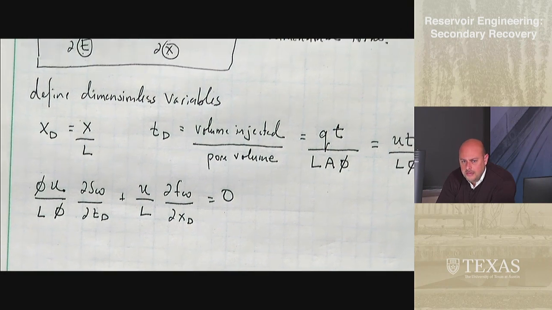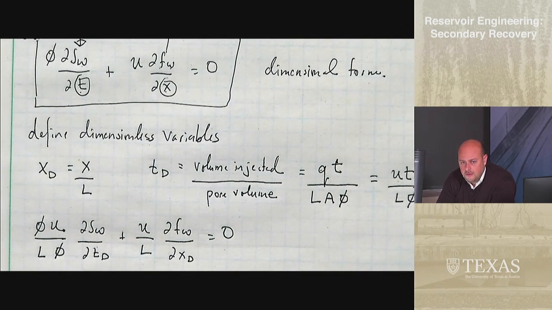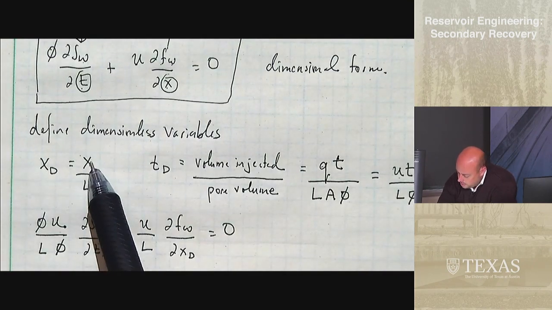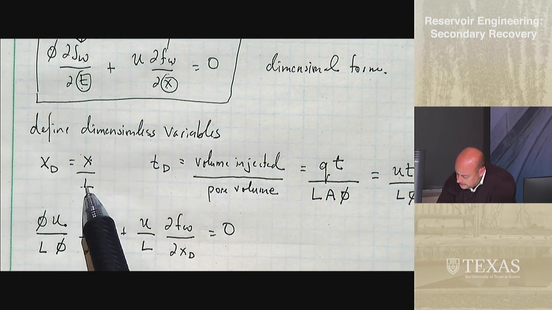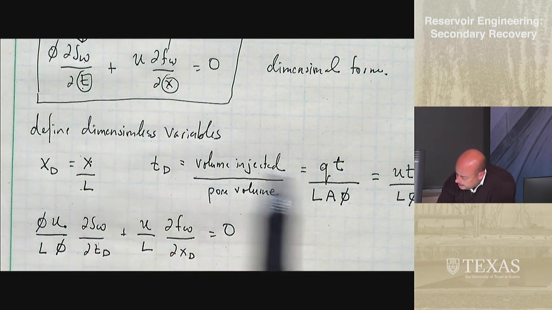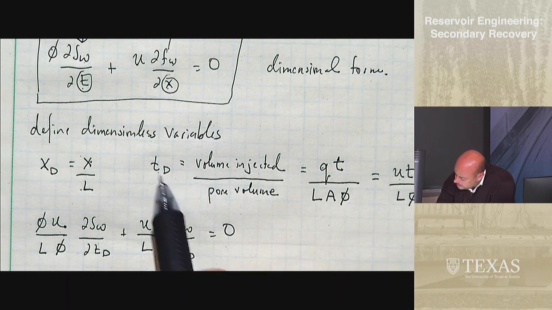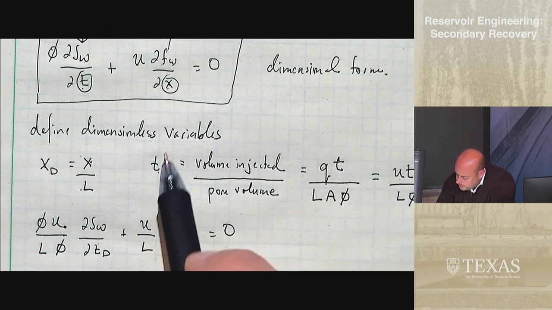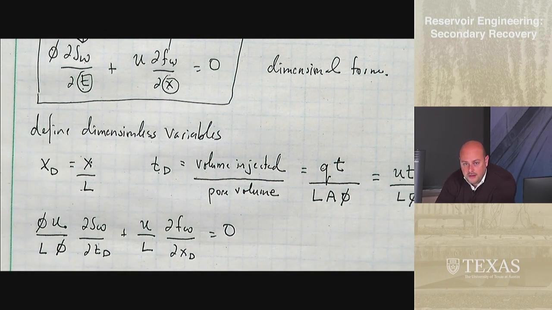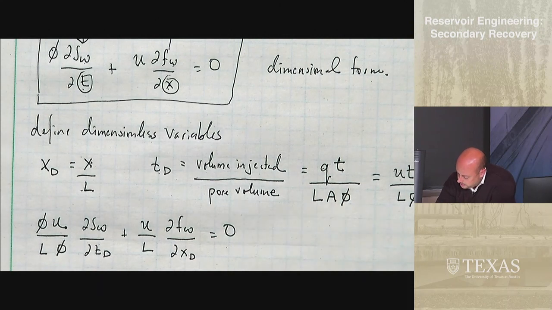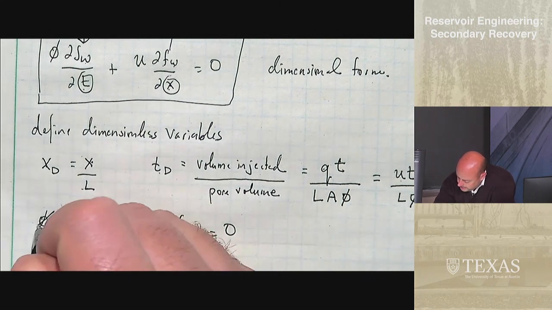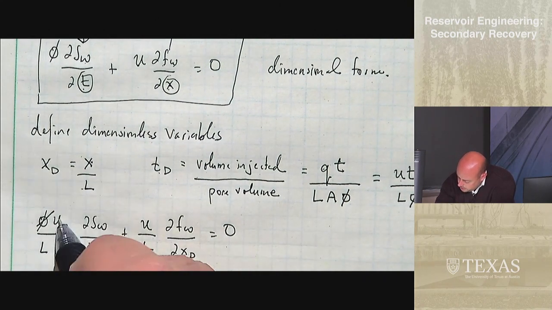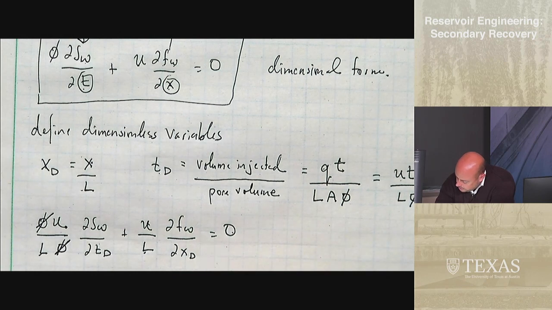If you don't quite see how to do that, I recommend you do it yourself. But basically, where you have x, you say x is equal to xD L and plug it in, and you say t is equal to tD L phi divided by u, and then you pull out the constant variables, and you'll get this equation. These porosities obviously cancel. You get a u over L is equal to 0.